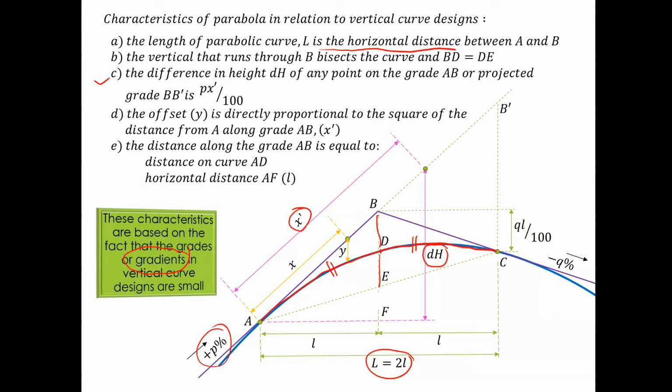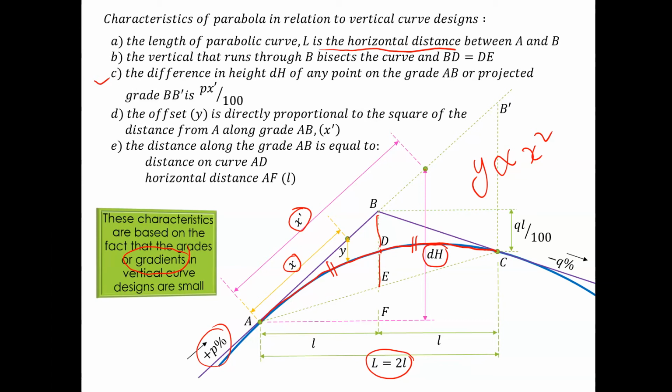And the offset y, let's say we have a point there, that distance we call the offset is directly proportional to the square of that distance. Which means y is directly proportional to x squared. That's the characteristic.